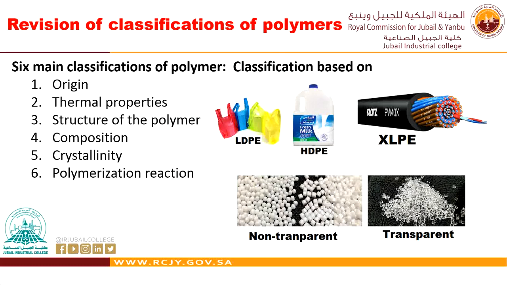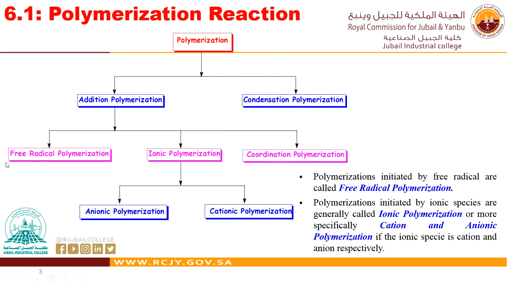Chapter 6. In chapter 6, we'll be discussing these classes of polymer, that is, classification based on polymerization reaction. So generally, we defined polymerization reaction in chapter 4 as a reaction in which monomers are chemically converted into a polymer.